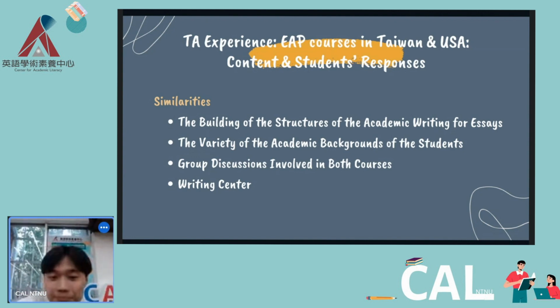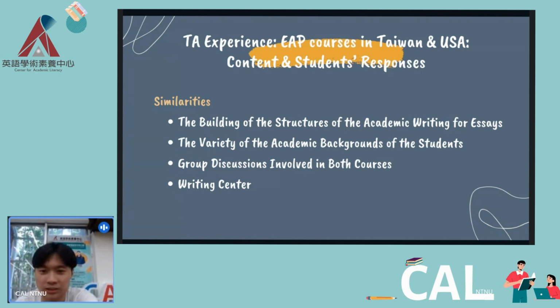And the last one is the writing center that I was talking about. For NTNU, we have CAL, right? And for TCNJ, we also have the writing center. Both of the instructors encourage students to use the writing center because, Exhibit A, it is free, and Exhibit B, they hire experienced tutors to help you with your writing or speaking or any other field that you have.